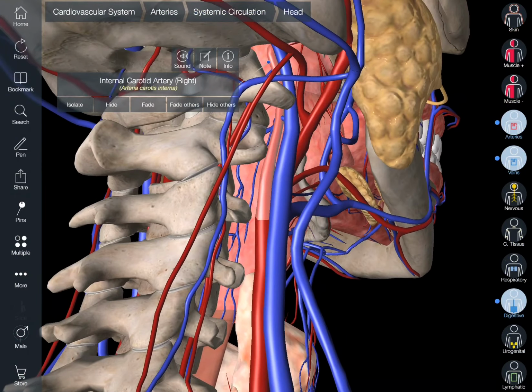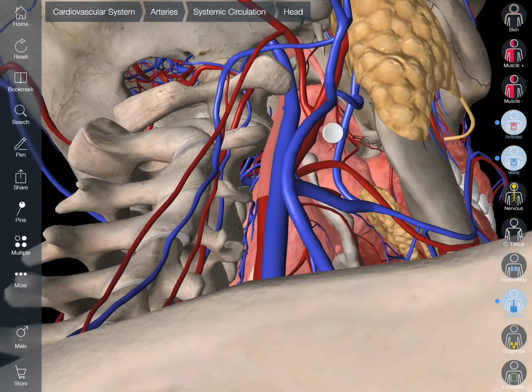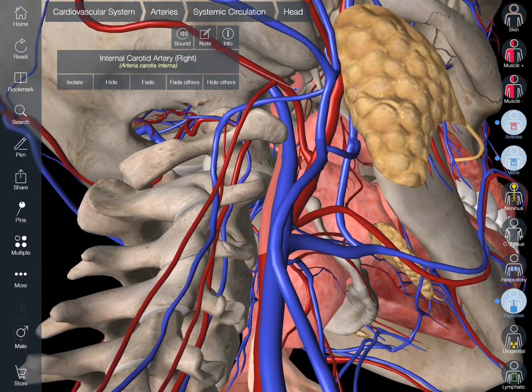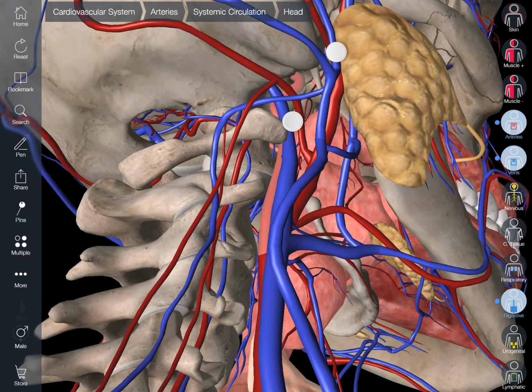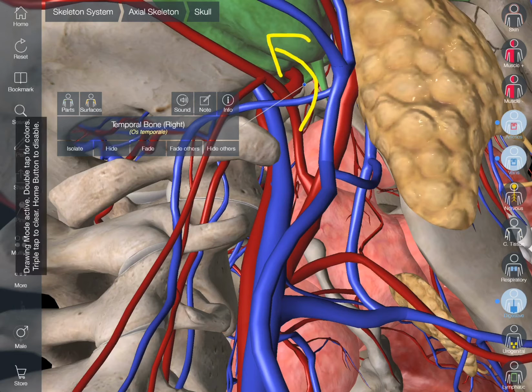The internal carotid artery will eventually pass through a canal, which is called the carotid canal. This is the carotid canal. It's in the temporal bone. See, this is the temporal bone, and it will eventually enter the cranial cavity as the internal jugular vein did.